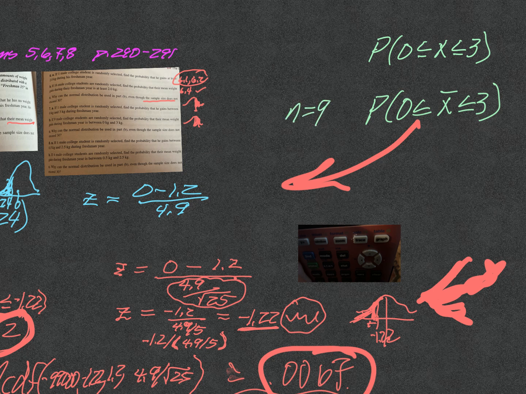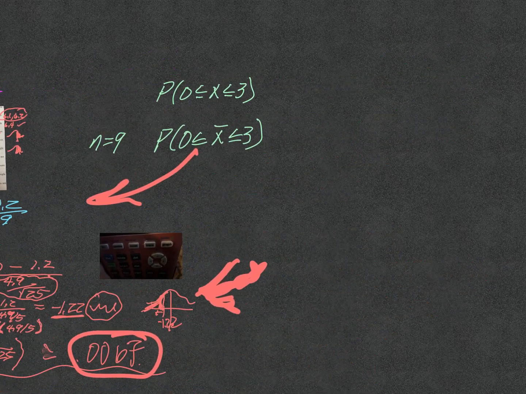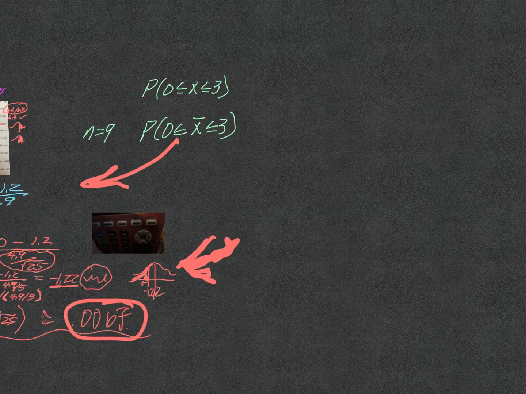Okay, so there's our two original probability statements. Let's go ahead and work on those now. I need to change this to a z situation, the probability that z is less than or equal. So I need to change both the 0 and the 3 to z-scores, okay?